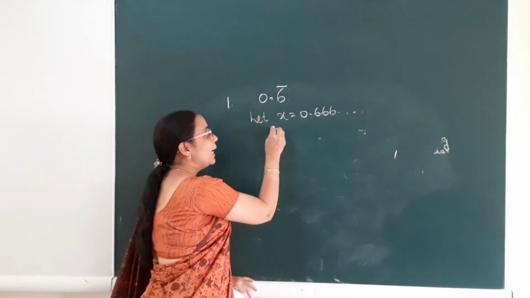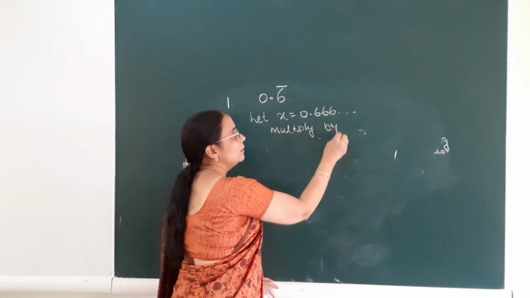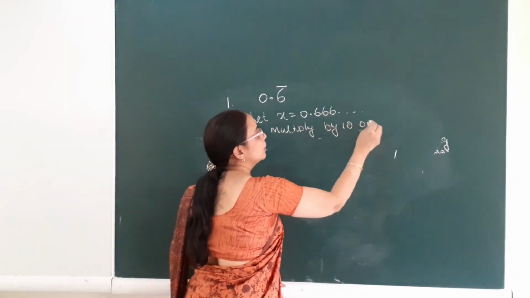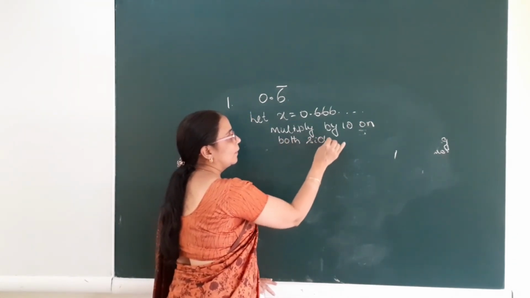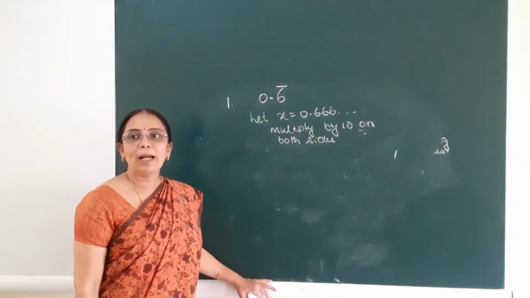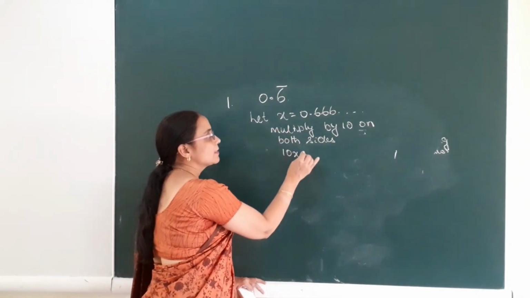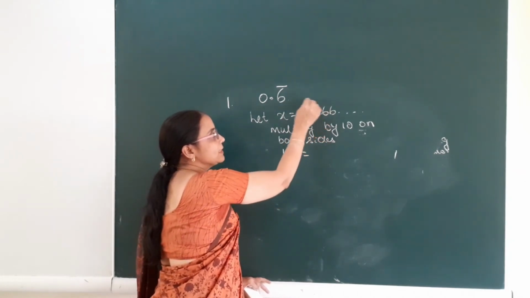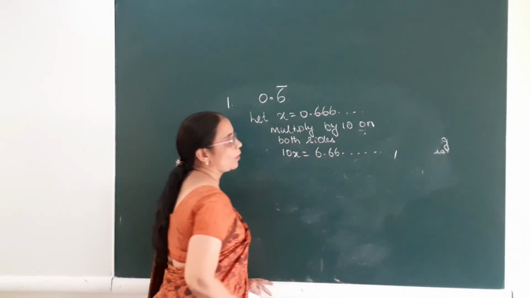So now, multiply by 10 on both sides. Then what will happen? This will become 10x, and one 6 will move to this side and it will become 6.6666 and so on.